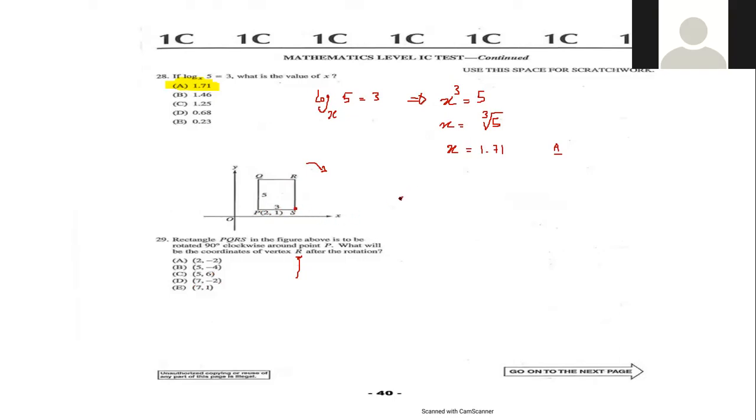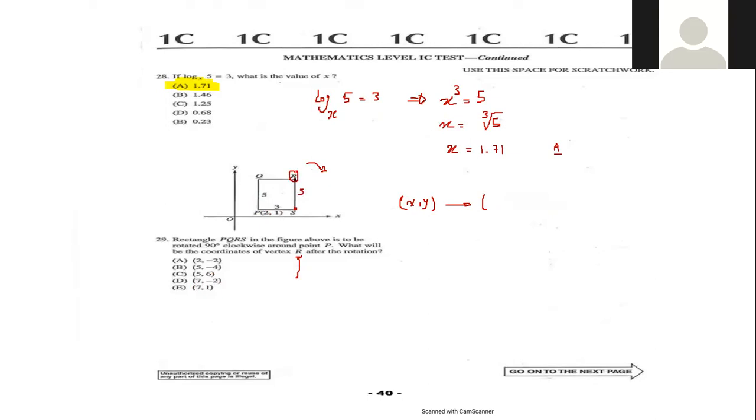For any point x, y, when we rotate 90 degrees, what does it become?